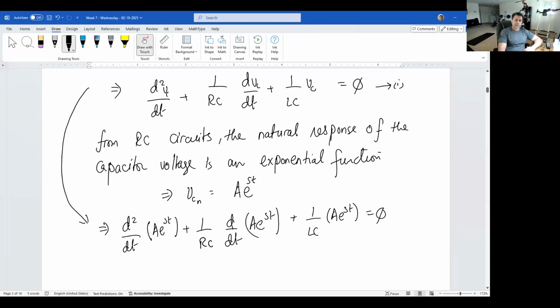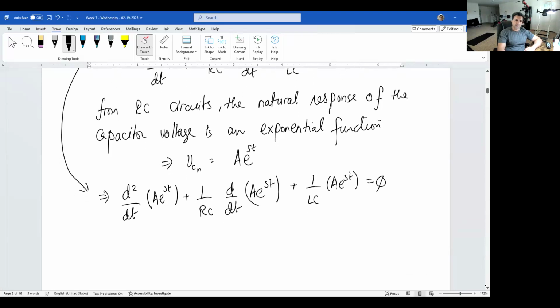Okay, what will be the second order derivative of A e to the power st? Who can tell me that? A, of course, is a constant value, so we're going to take that A out. What will be the second order derivative of e to the power st? What is the first order derivative of e to the power st? e to the power x.